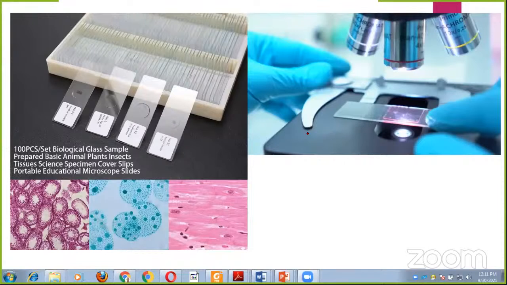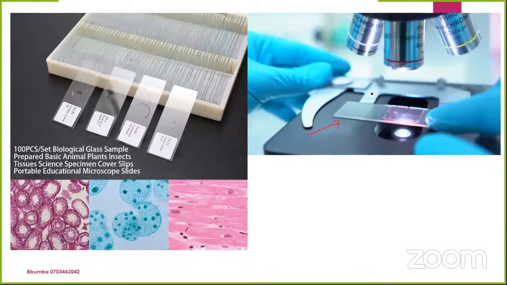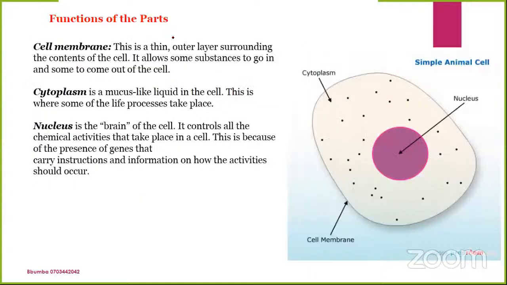These are the slides which I was talking about. Today's lesson begins from here: the functions of the parts of the animal cell. Now, the animal cell has what we call a cell membrane, okay? And the cell membrane is selectively permeable.